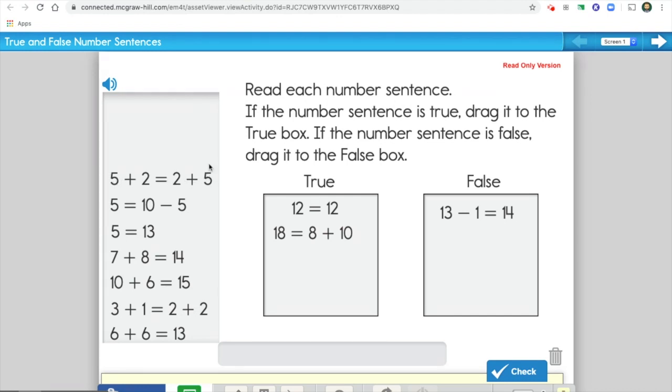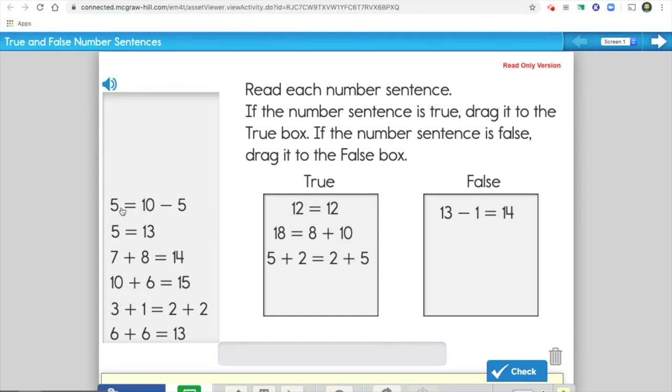Now everything on the other side. 2 plus 5. Oh, I'm catching something. Does anybody remember a strategy where we flip the addends in an equation? You're right. It's the turnaround rule. So, is 7 the same as 7? Yes, that is true.